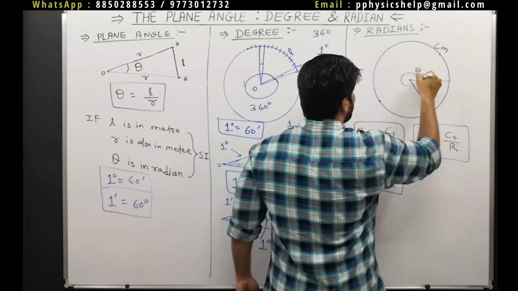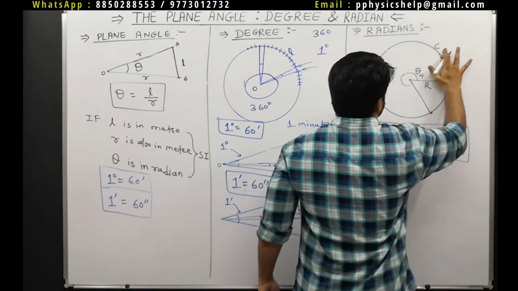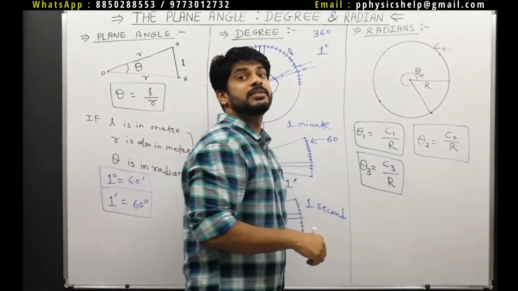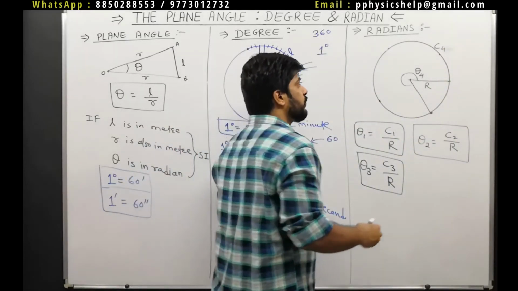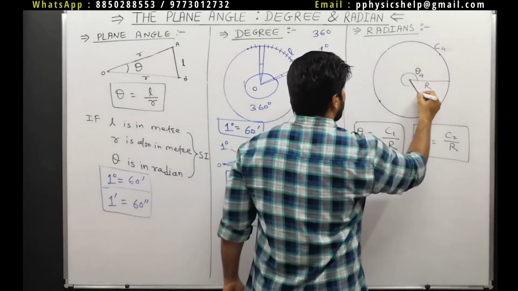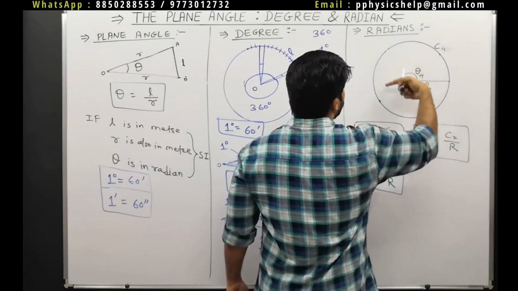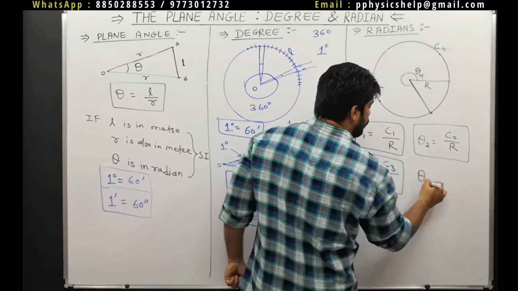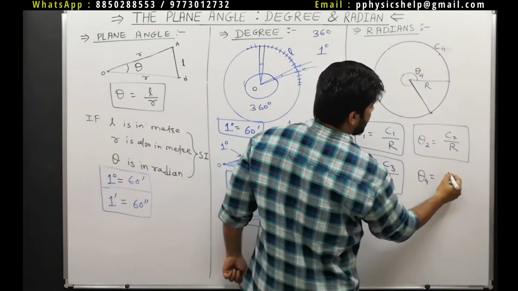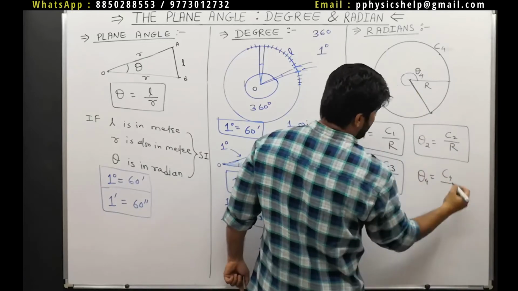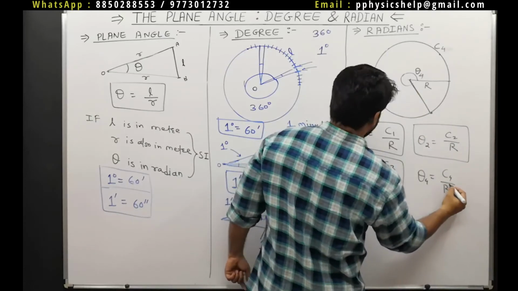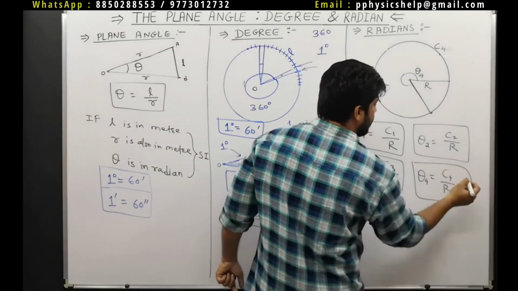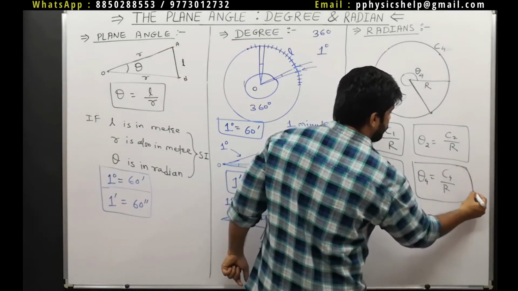Let's call this angle theta 4 and this arc length C4. The arc length has increased and the angle has also increased. Again applying the same definition, theta 4 is equal to C4 divided by the radius r, or this distance. So in this way we have got these 4 formulas.